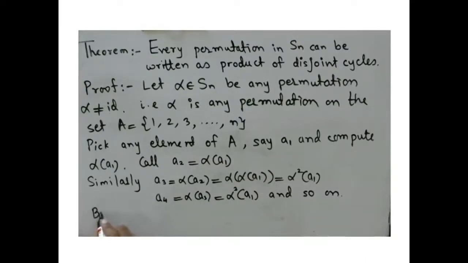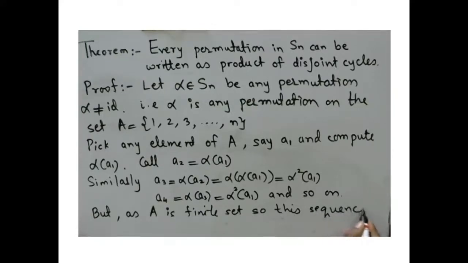But since capital A is a finite set, the sequence A1, alpha of A1, alpha square of A1, alpha cube of A1, and so on must also be finite.